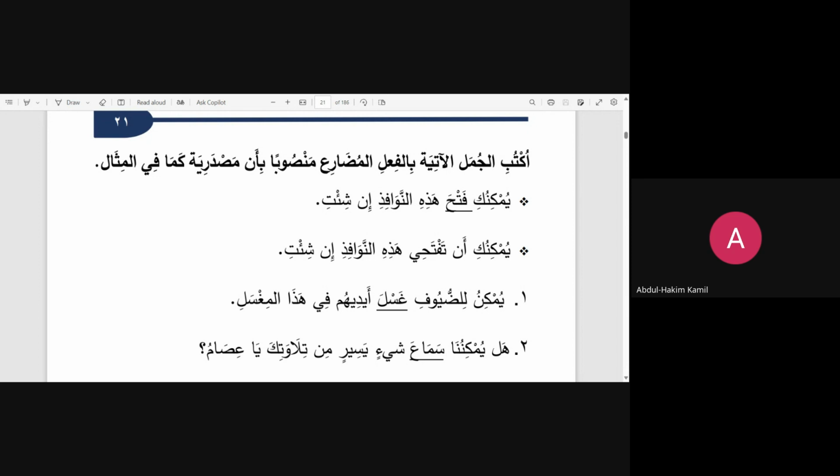But when you say taftahi hadhihi an-nawafidha, that should be a fatha. I corrected it on the PowerPoint. But when it says yumkinuki an taftahi hadhihi an-nawafidha, it should be with a fatha. But that's maf'ul bi, it's not mudaf ilayh. The hadhihi is the maf'ul bi, and an-nawafidh is just badal, and we'll study that later. And nobody understands that. So I say the second sentence again.